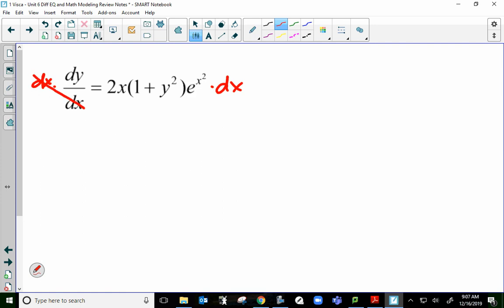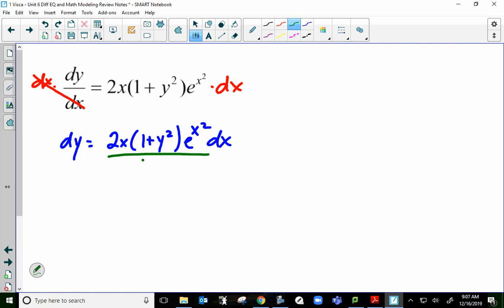Okay? Then on the right side, oh, I should really write it out. I like combining steps. 2x times 1 plus y squared e to the x squared dx. I want to get my 1 plus y squared term from the right side to the left.